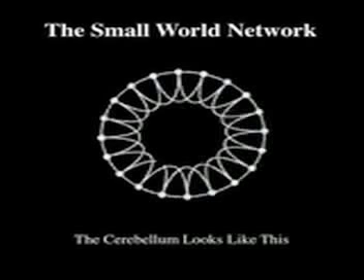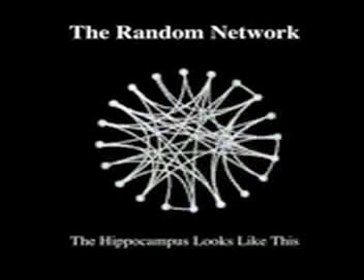The next network up is the random network. In this network, the random network, cells are just as likely to be connected to cells far away as they are to be connected to their near neighbours. Okay? Every cell is randomly connected to every other cell.